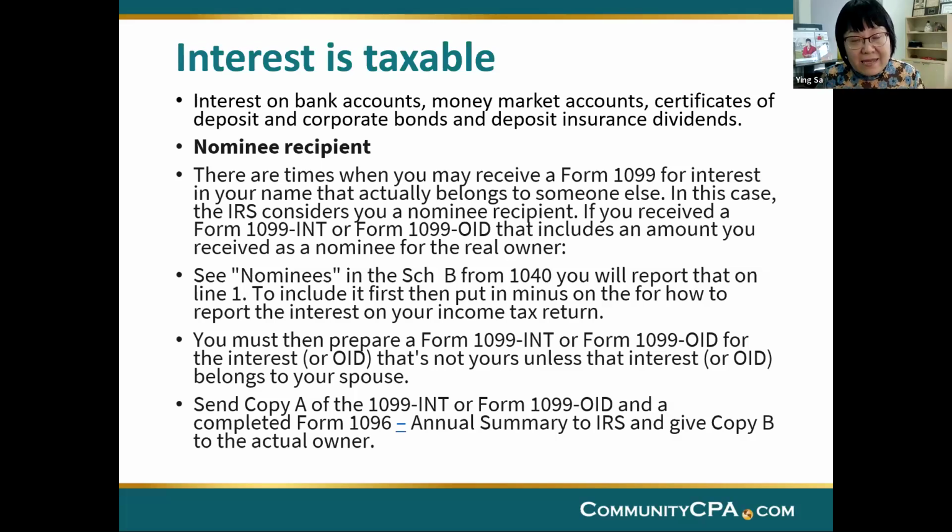It's under your name, so you're going to put that in. And you must then prepare a 1099 INT for the other person. So when you prepare that, for example, for your mom, you can get the form 1099 INT. In fact, you can buy that at Staples. I have seen a lot of them.